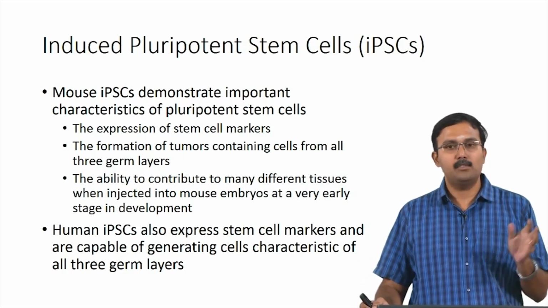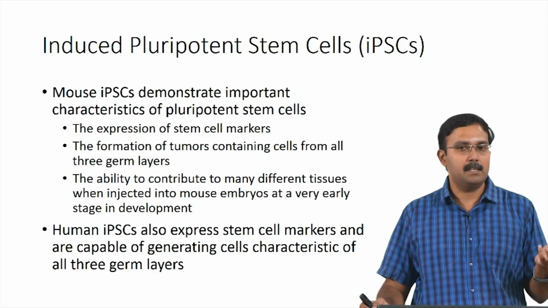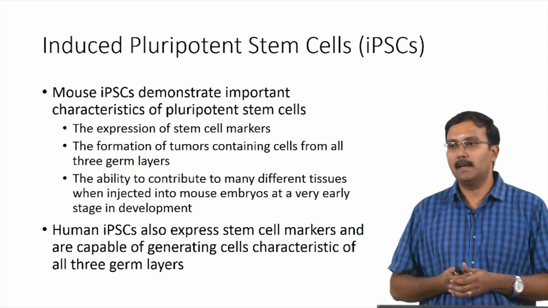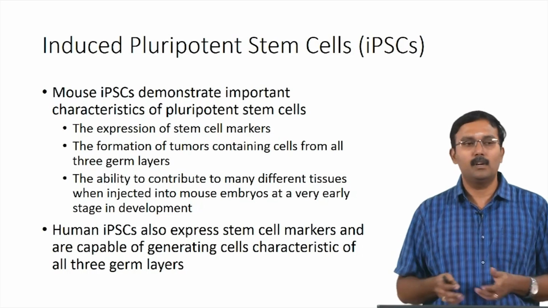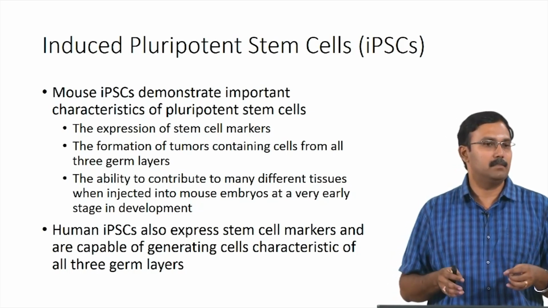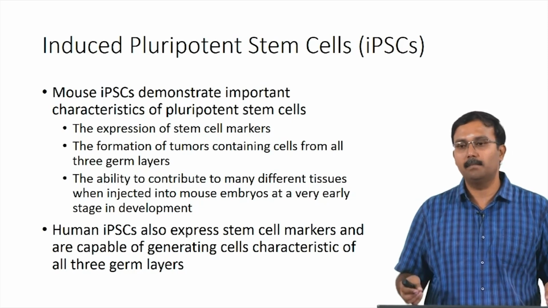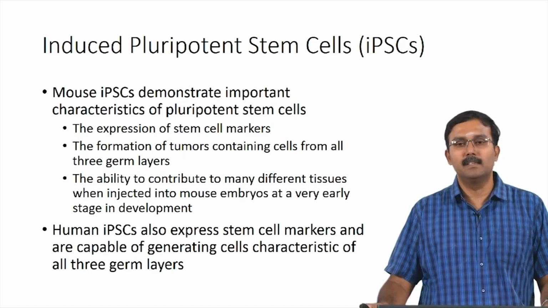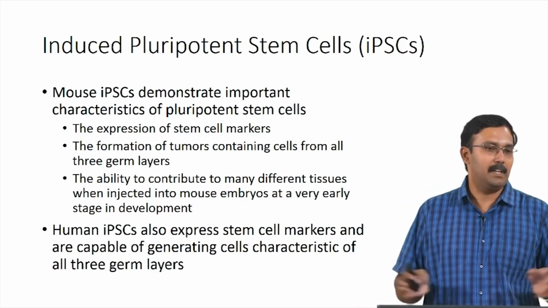Human iPSCs also have similar markers and the ability to form cells from all 3 germ layers. There are a lot of studies going on in this direction, and it is a very recent development, less than 12 years old. So, it is a very interesting domain.